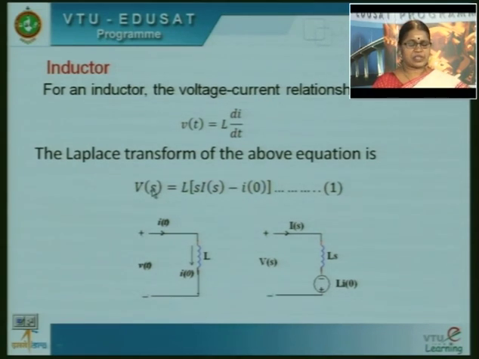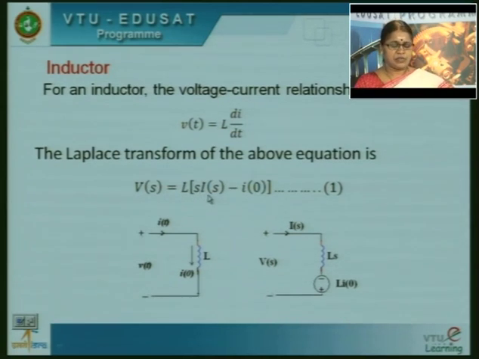So, V of s is the supply voltage, and this term can be viewed as a term in which the current flowing through an element is I of s and the impedance of the element is Ls, and we have a constant voltage whose value is L into I of 0.